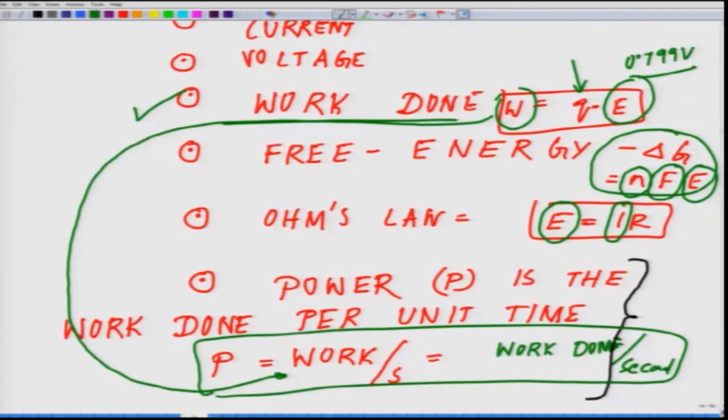You will find most of these tables, or maybe I will add one in. Fluorine, which is F2, gaseous state, plus 2 electrons, making it 2F minus.